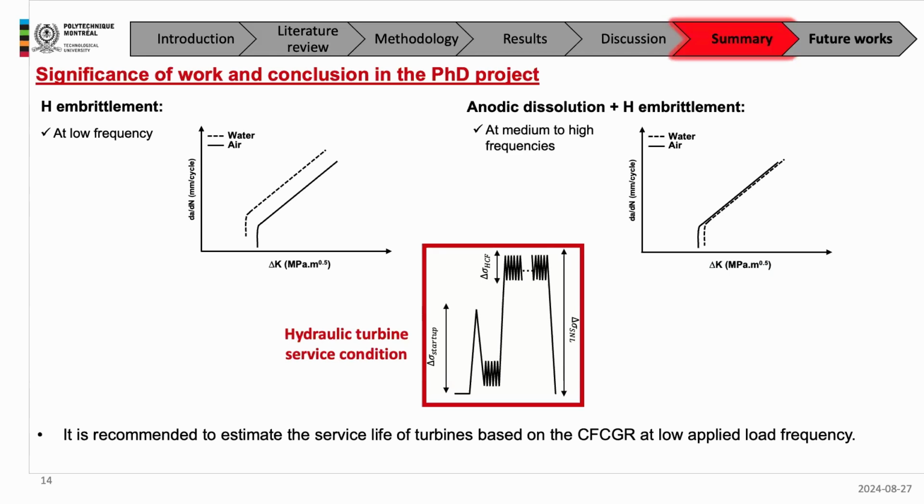However, at high applied loading frequency, anodic dissolution is the more active mechanism, and it is not accelerating the fatigue crack growth rate, for certain reasons that are out of the scope of this presentation. So our suggestion to our industrial partner is to use the corrosion fatigue crack growth rate at low applied loading frequencies for the estimation of service life and in their damage tolerance approach models.